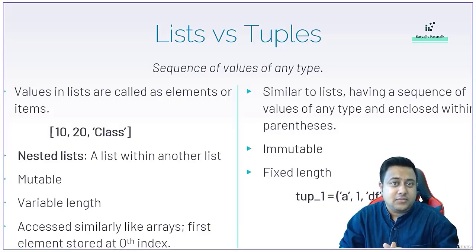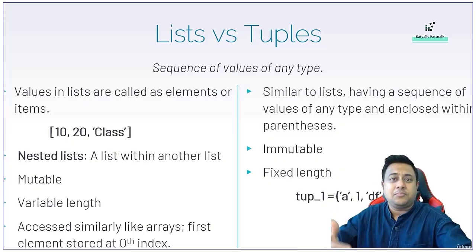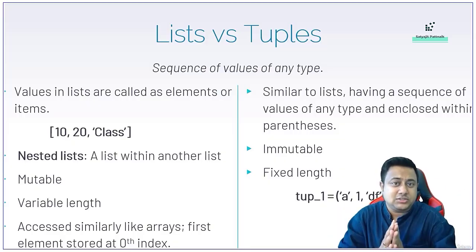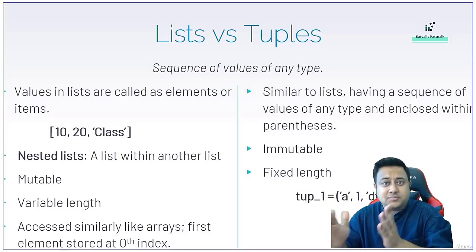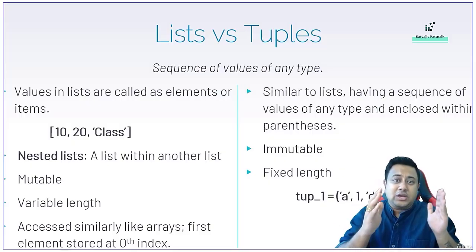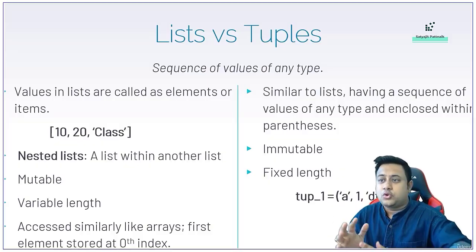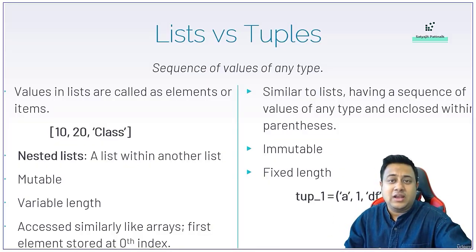The best possible way is to store it in a list. Your list could have all the elements as integers, some of them as integers and some as strings, and you can also have a list within a list. So values in a list are called elements or items.